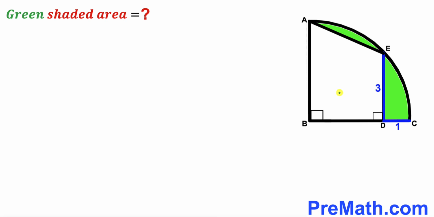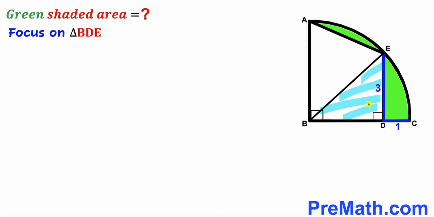In this next step, I am going to connect the center B with this point E. Now let's focus on this right triangle BDE. BE is the radius of this quarter circle, so I'm going to label this as lowercase r.